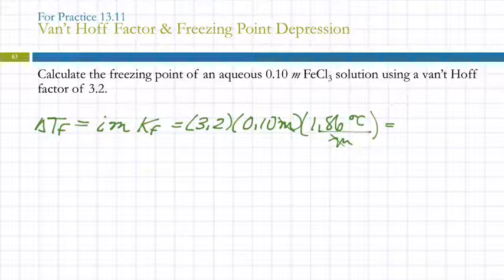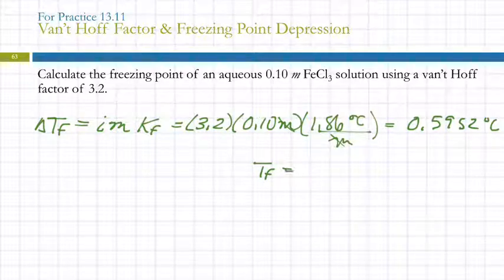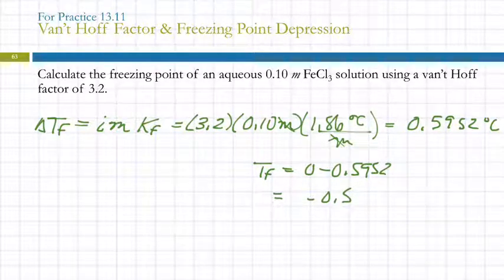So 3.2 times 0.1 times 1.86 is 0.5952. This is aqueous, and so the actual freezing point is going to be 0 minus that, negative 0.5, well, negative 0.60 actually.